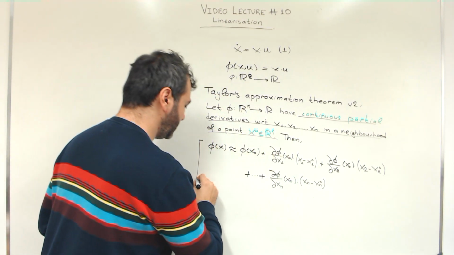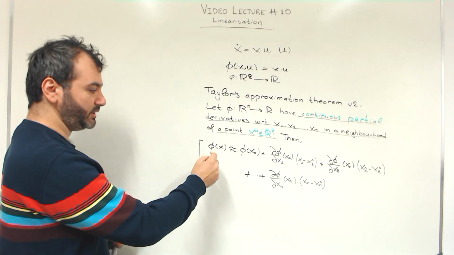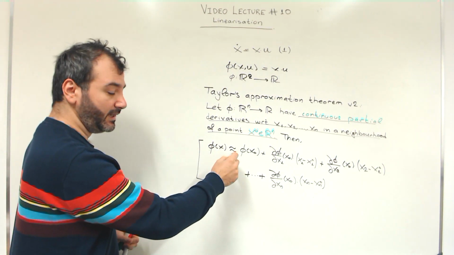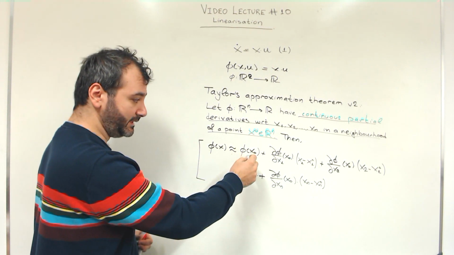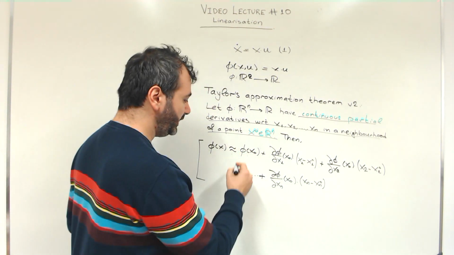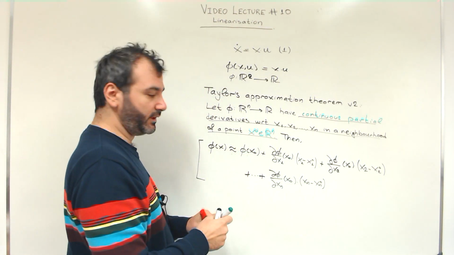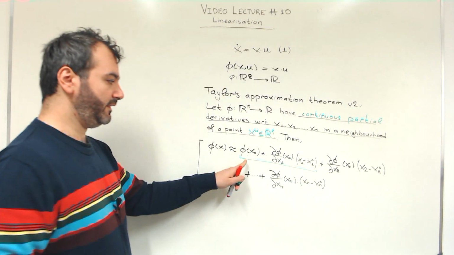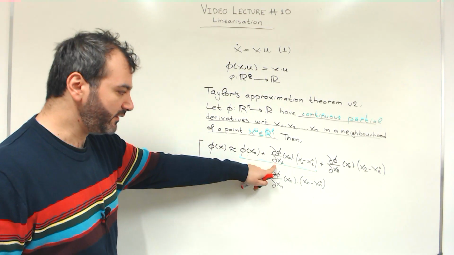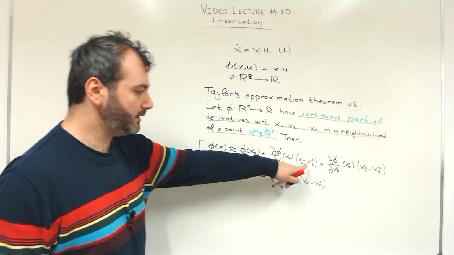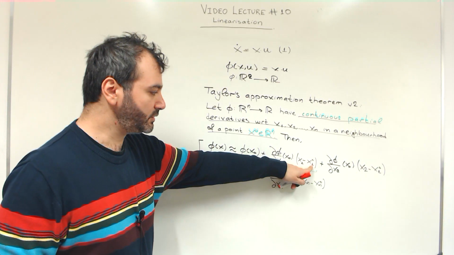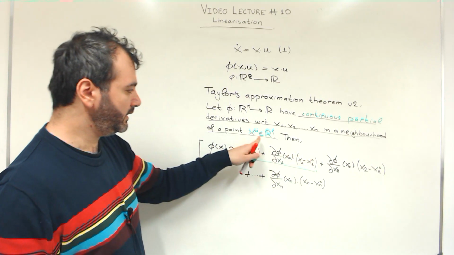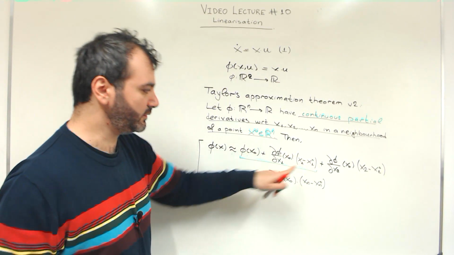Then we have this approximation equation, which says that our function is approximately equal to its value at x0 plus, and in the case of one variable, we would have actually from here to here. That's the part with one variable. So derivative with respect to that variable times x minus x0.